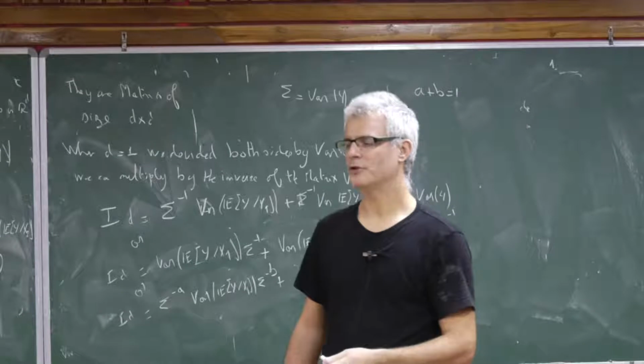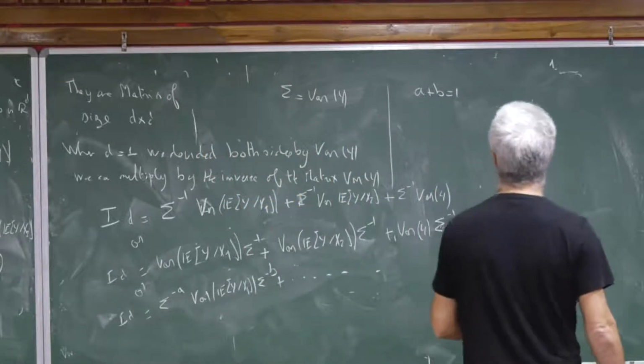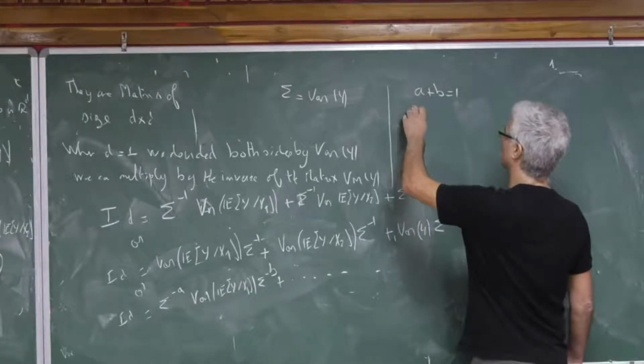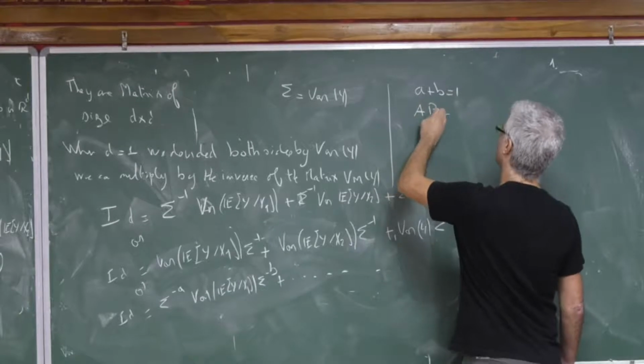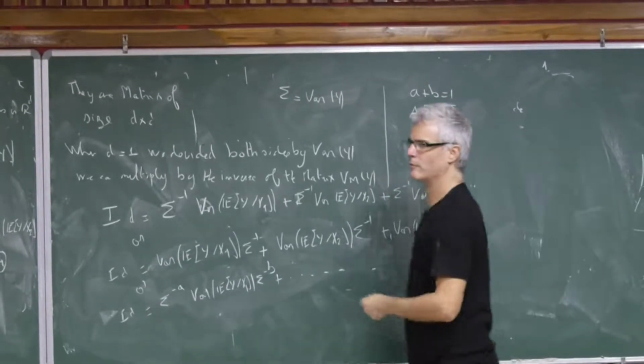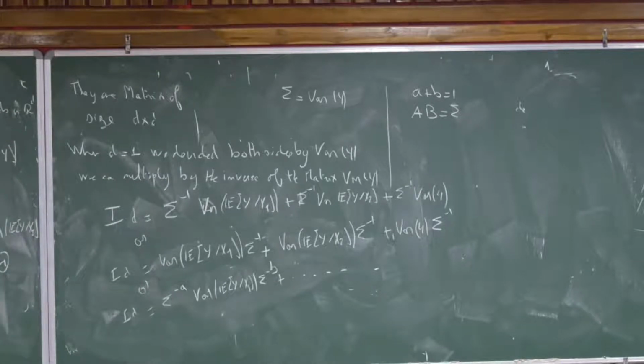Or if I have two matrices for whom the product, so if I have AB, and if I decompose sigma with the product of two matrices, I can multiply by A minus 1 on the right and B minus 1 on the left, and I have another decomposition. Okay?